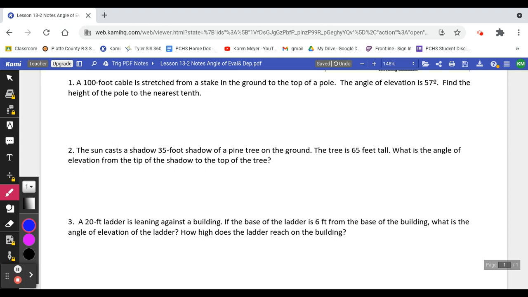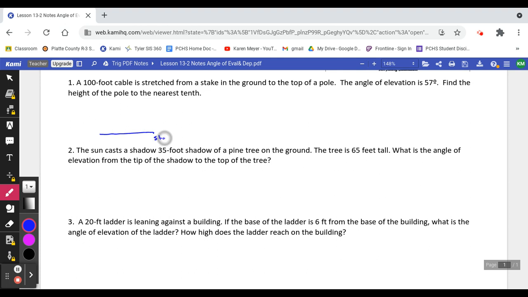For number one, to help with any of these word problems, I always think it's a great idea to make a visual picture. It says we have a 100-foot cable stretched from a stake in the ground to the top of a pole. The ground is the bottom.